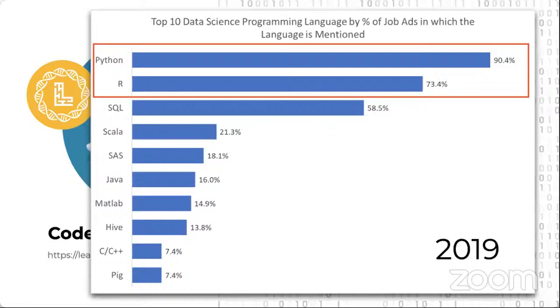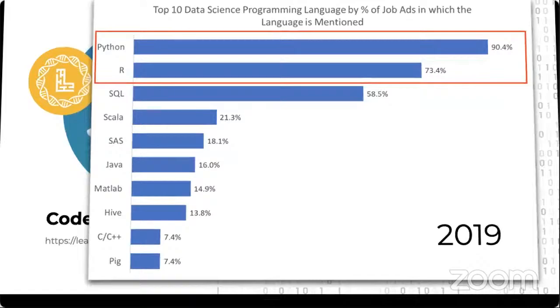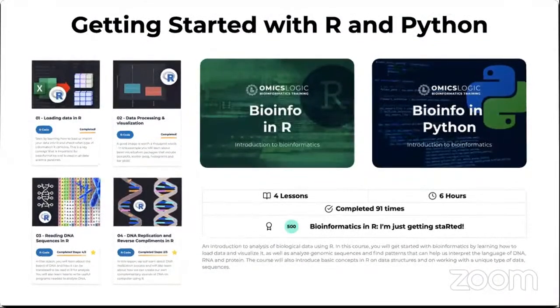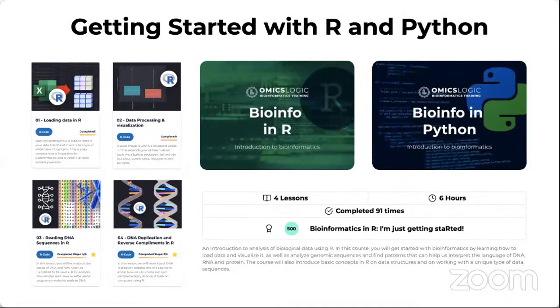So you will have complementary information from all these 3 different resources. We first start with the basics of getting started with R and Python, where we start absolutely from the basics, like how to load data into R's environment, or how to load a file into Python's environment, which is absolutely the most necessary skill that you want to have if you want to use R and Python for bioinformatics data analysis.